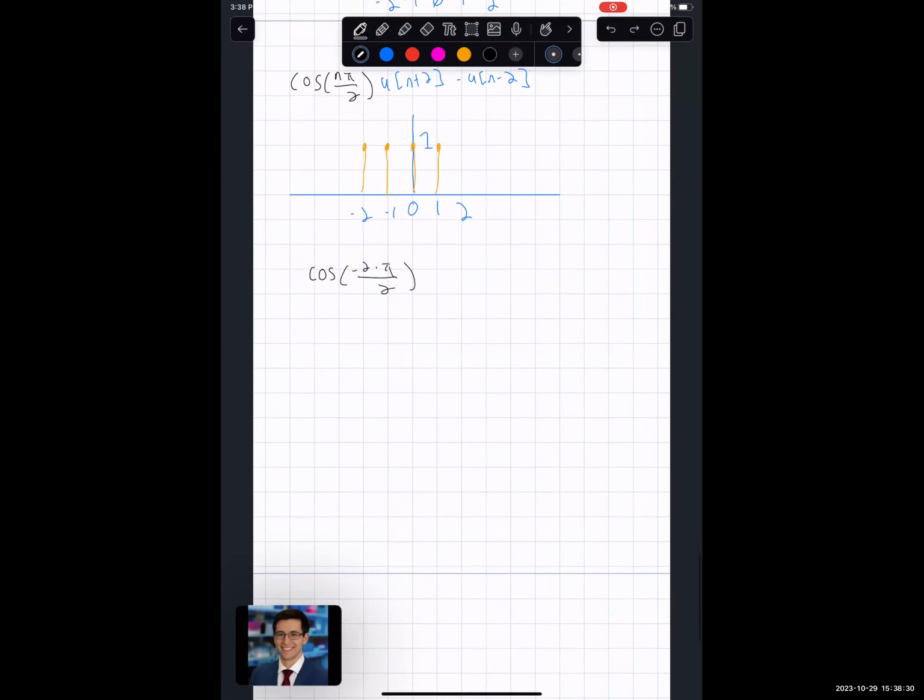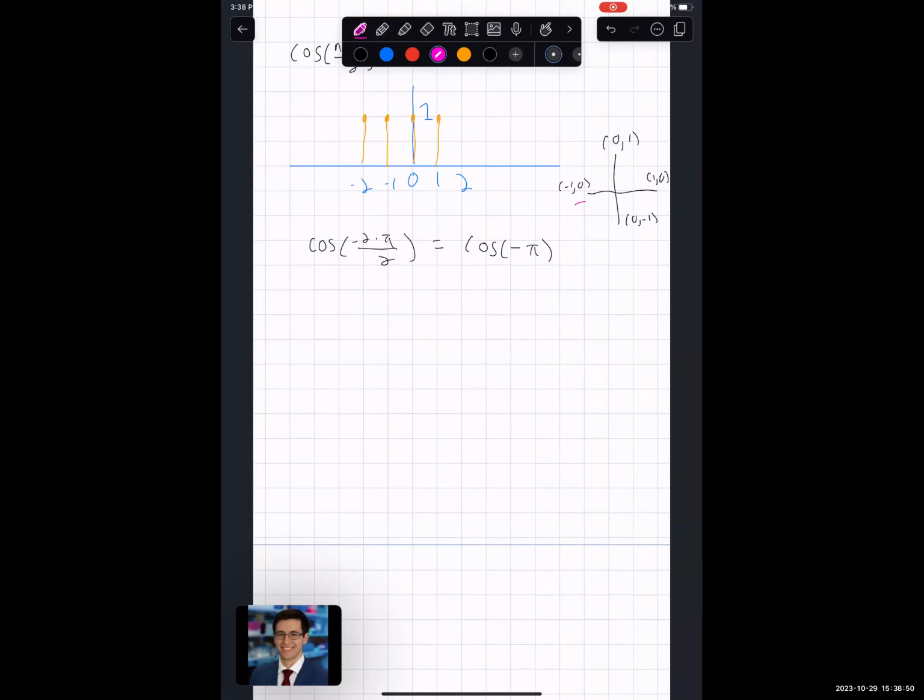So we're just plugging in the n values we care about, which is the same as cosine of minus pi. And just so you make sure you don't make any mistakes, guys, quick unit circle. Not really the unit circle, but the axes. So at negative pi, cosine is going to be -1.